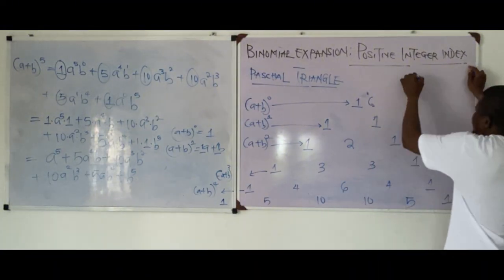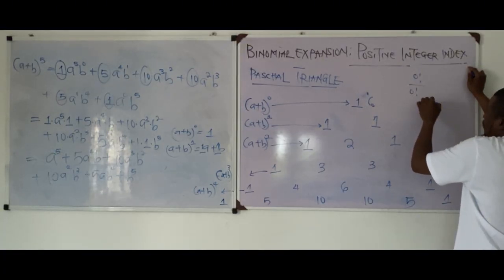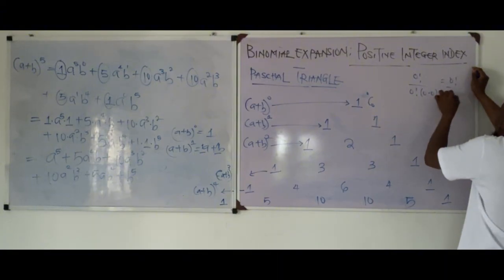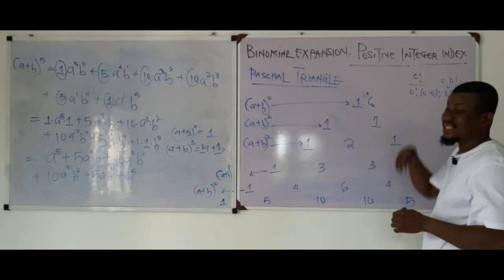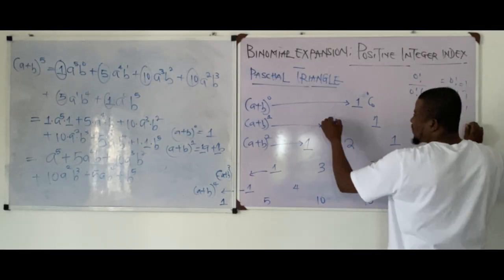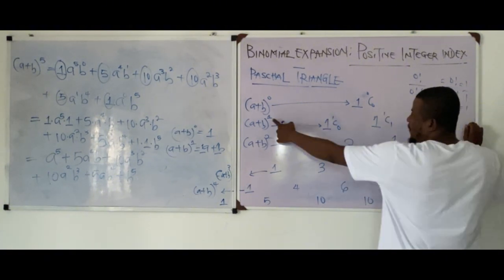Okay, so that's 0 factorial over 0 factorial times (0 minus 0) factorial, this is 1 over 1, this is 1. Okay, this basically is 0 combination 0, right? And this is 1 combination 0, 1 combination 1, because the power here is 1.